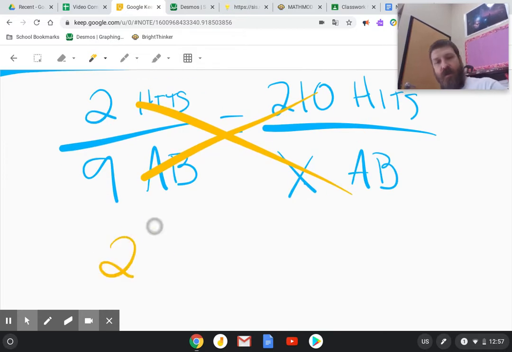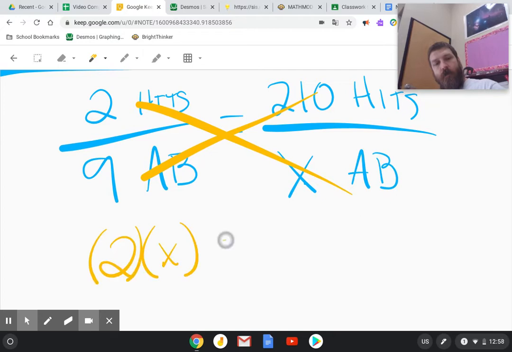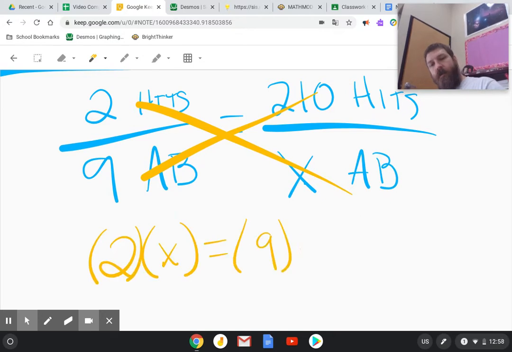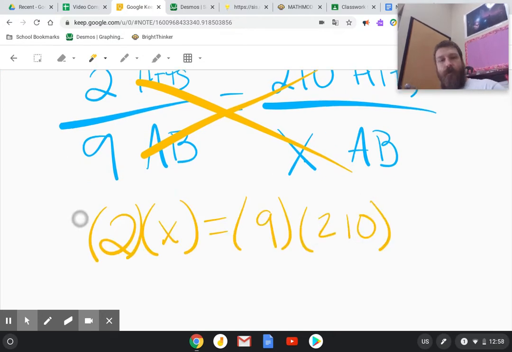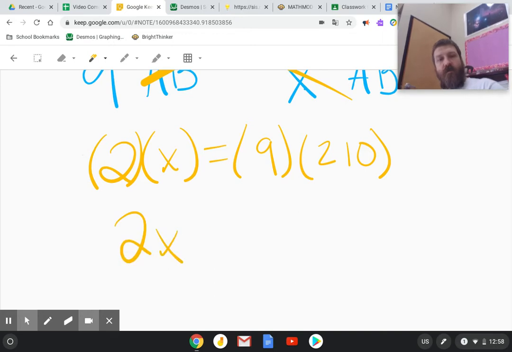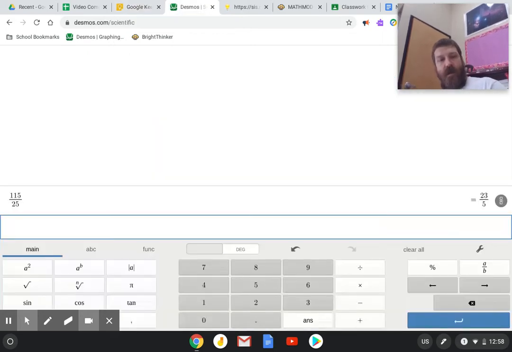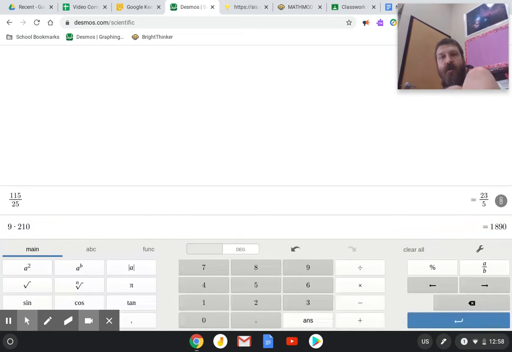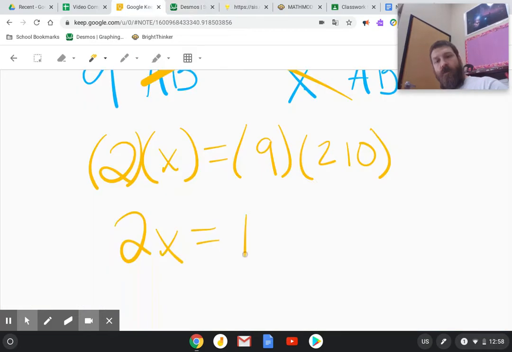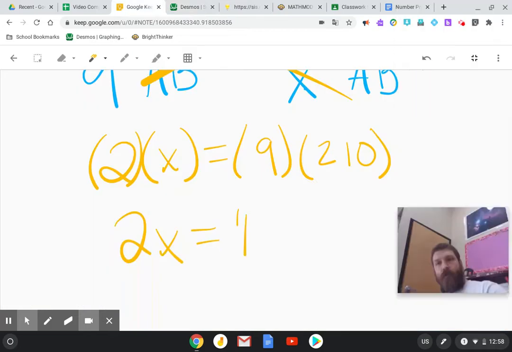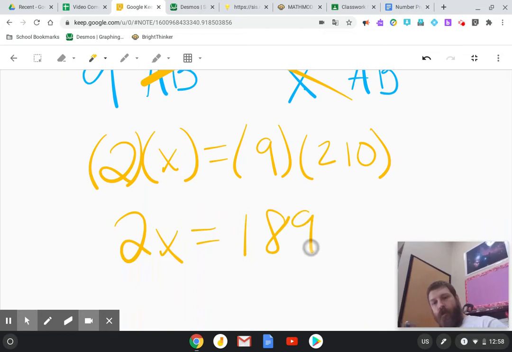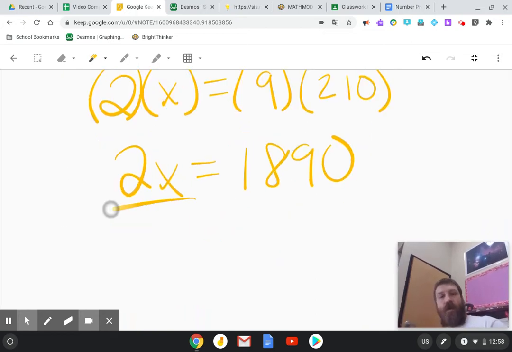So 2 times x will equal 9 times 210. 2 times x, we just write 2x. 9 times 210 is 1,890. Then I solve for x just like I've been doing in this section so far.